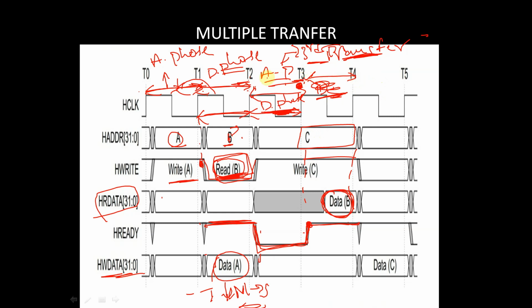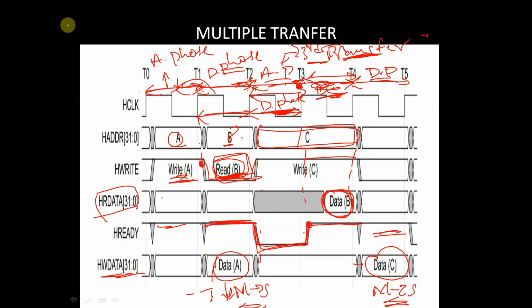Up to T2 to T4 is the address phase, since we are still passing the address. So T2 to T4 is the address phase and T4 to T5 is the data phase. So here we can see the data is being passed from master to slave during the data phase.